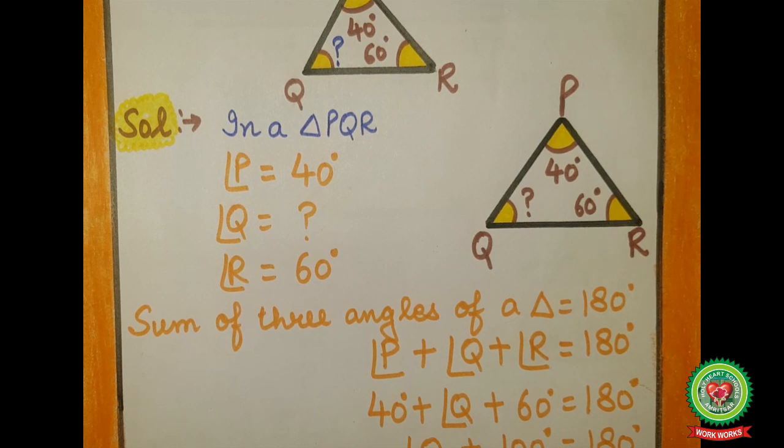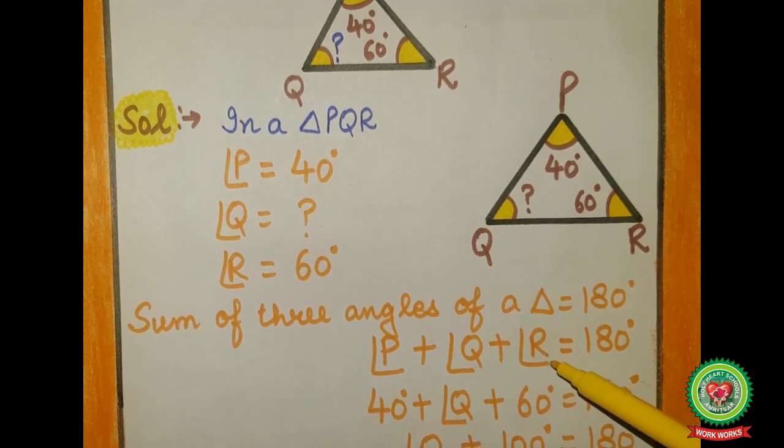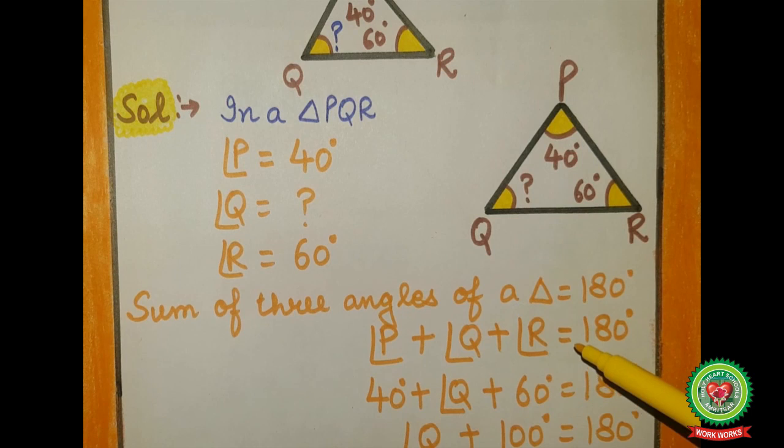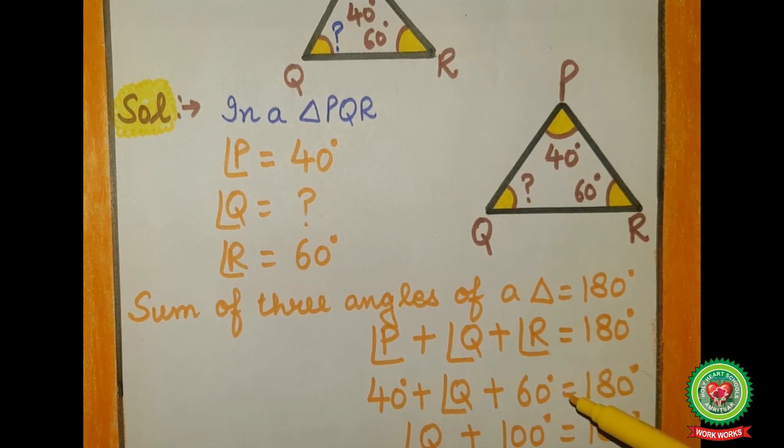Yes, angle Q. So below angle Q write down angle Q. Under plus sign will come. What is the value of angle R? Angle R is equals to 60 degree. So below angle R write down 60 degree. Under equals to sign write down equals to sign. Below 180 degree write down 180 degree.